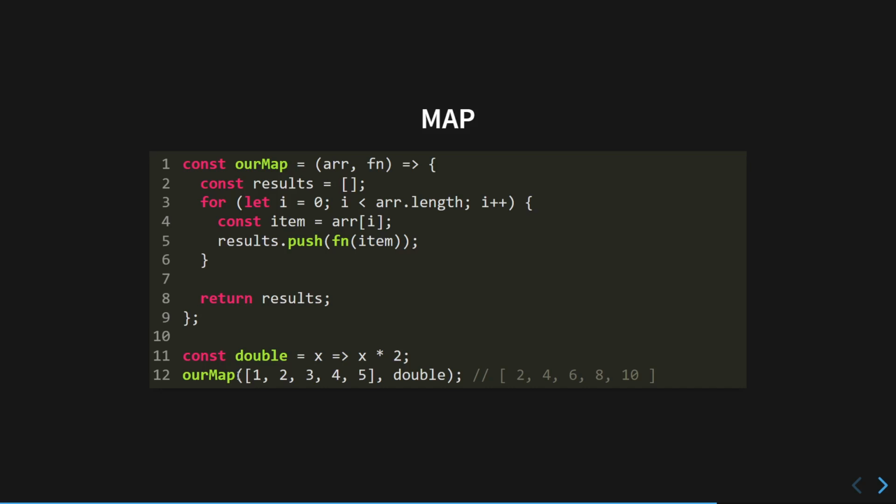If we look down here, the double is pretty much exactly the same as the first example I showed you. I create a double function, I pass this array in, and it produces an array of doubled values. As you can see here, map is just going through each element of an array and calling a function, passing it as an argument, and then returning the result.